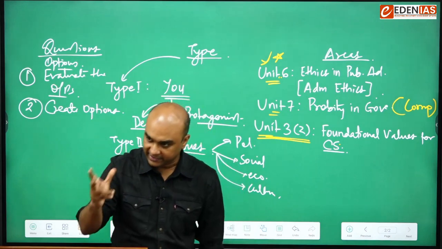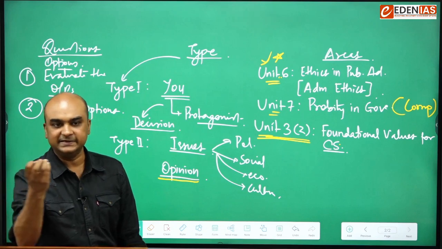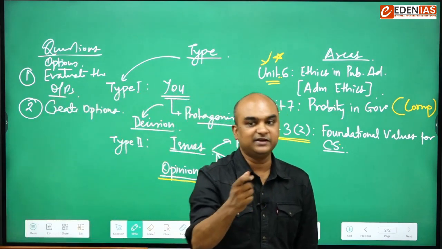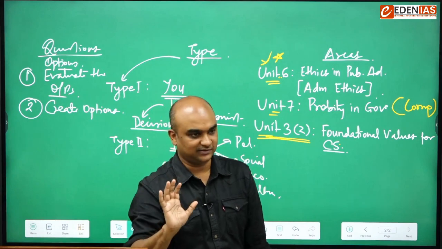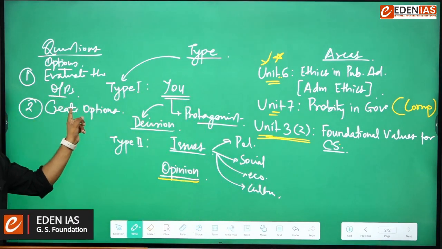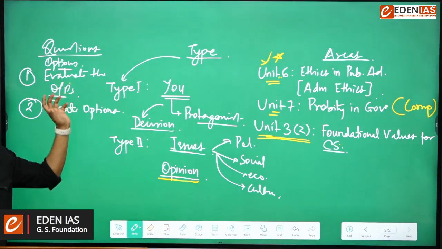So you have to create the options, you have to evaluate the options, it means you have to find the merit and demerit in every option, and then you have to choose one option, and then you have to back that option ethically. Do you understand that? So these kind of case studies are generally more challenging than these kind, because here the options are already given to you and you have to pick one.